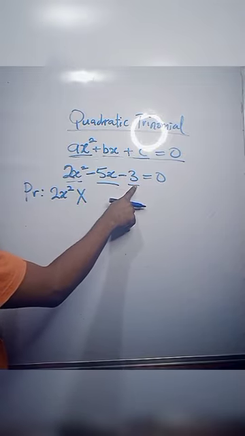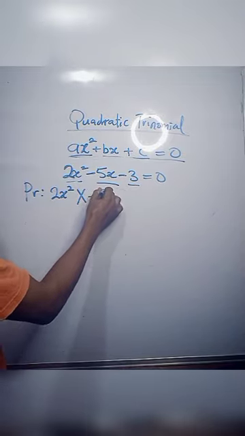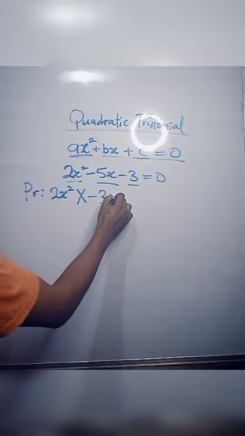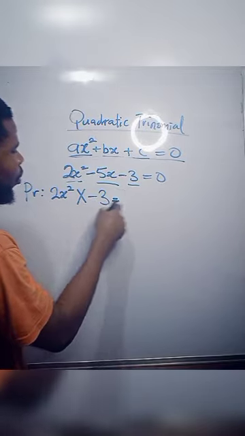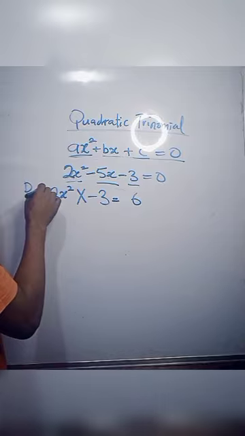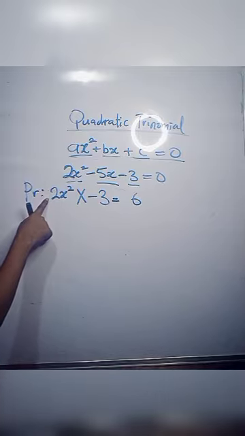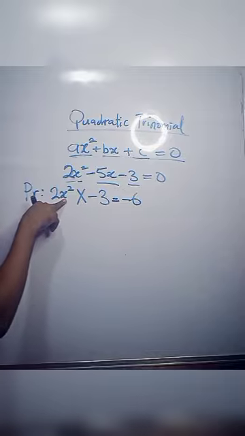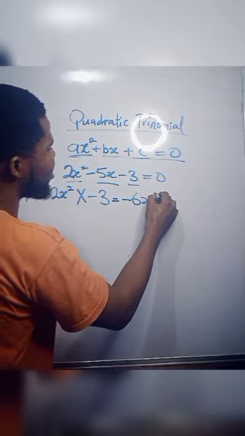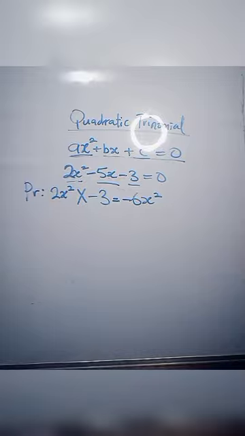Can you see that? Now, this will give us what? 2 times 3, that's 6. Plus, there's an invisible plus here. This plus times minus, that's minus. Then of course you have your x squared. So the answer is minus 6x squared.